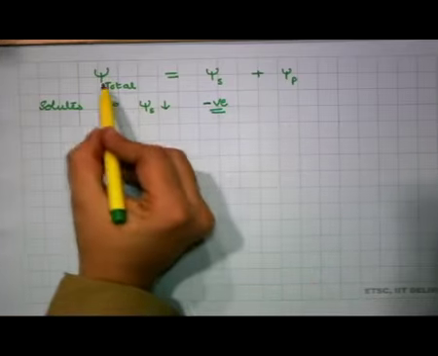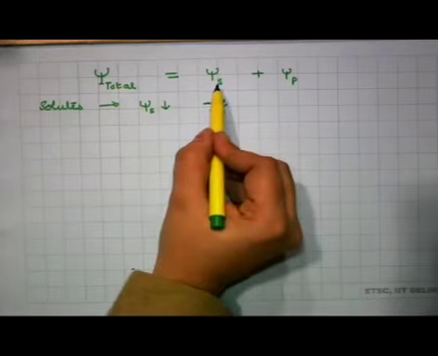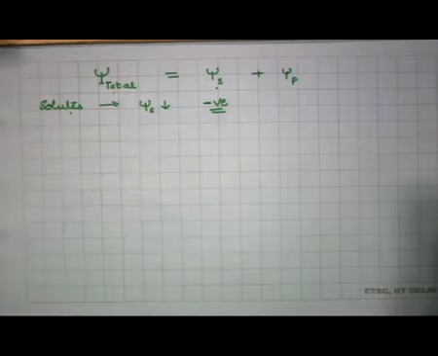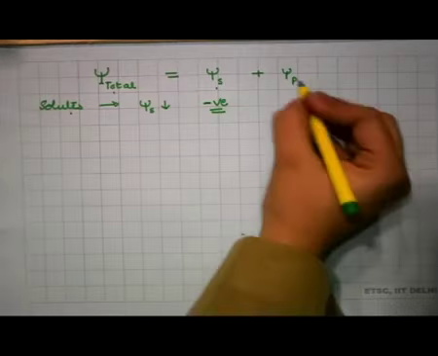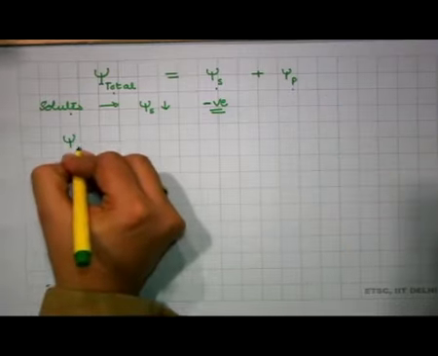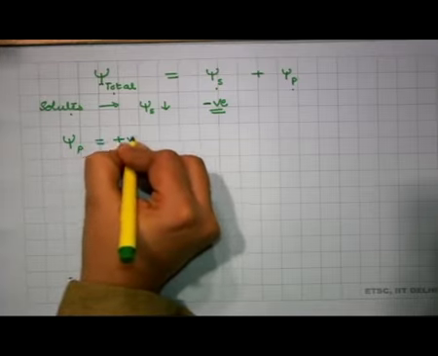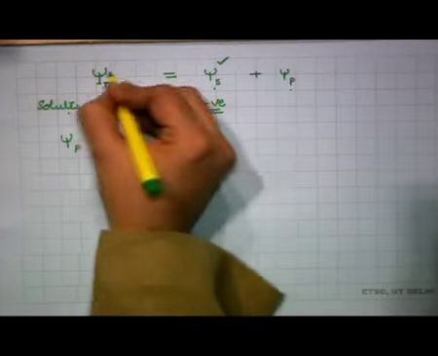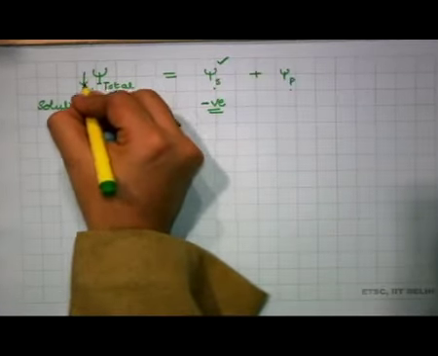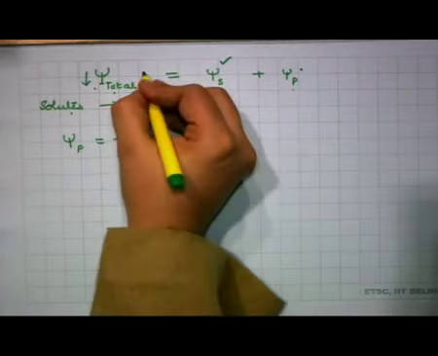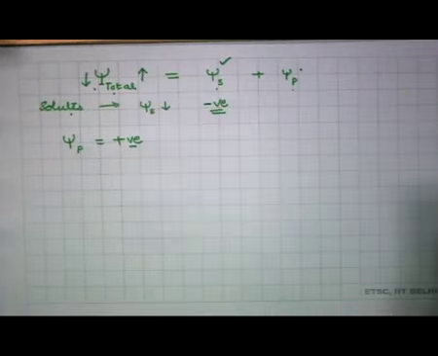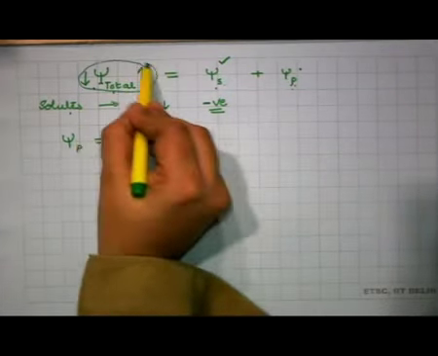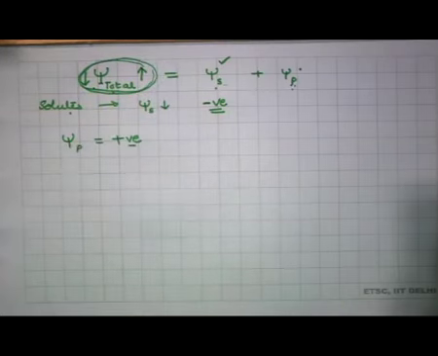It will decrease the total water potential of a system. In other words, whenever solutes are added, the total water potential of the system is decreased. The pressure potential, psi p, is generally positive. So, keep in mind, whenever solutes are added, water potential will decrease, but when pressure is applied, water potential will increase, and the balance between the two controls the total water potential of a cell or a system.